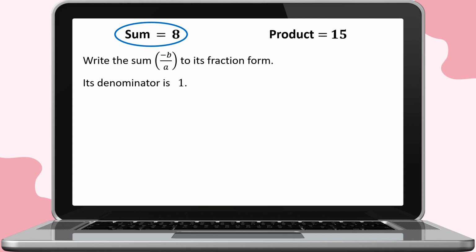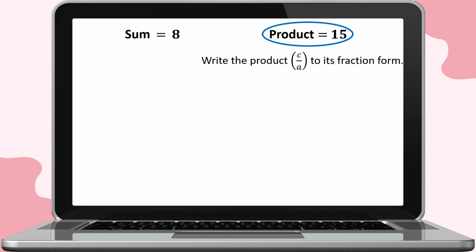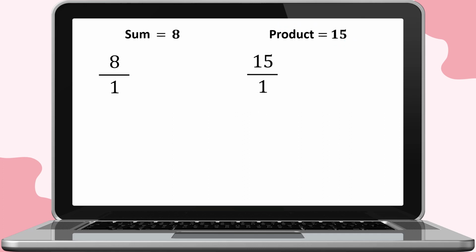So that is written as 8 over 1. For our product, its denominator is also 1. So it is now written as 15 over 1. Notice that our denominators are the same. So that will be our A.